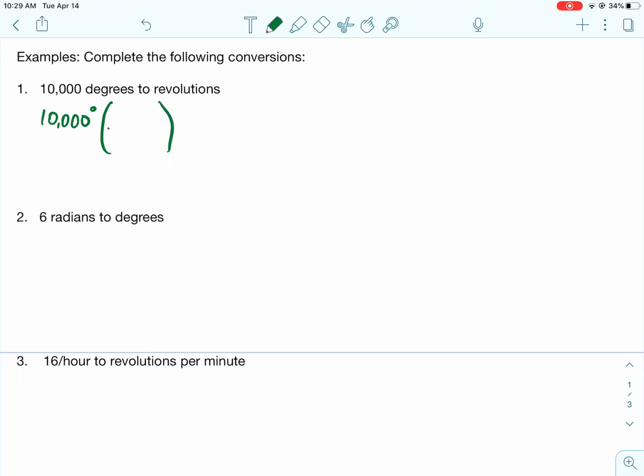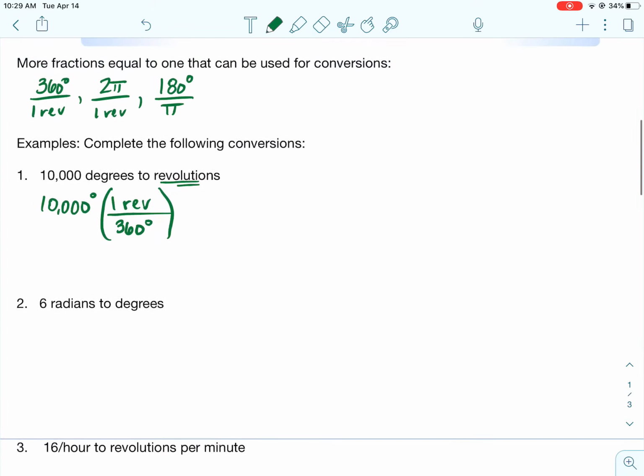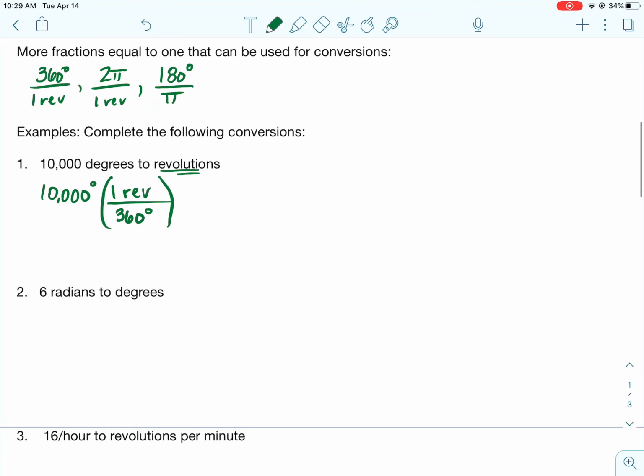All right, so let's do some conversions involving angles. So we have 10,000 degrees that we want to change to revolutions. So I would start off just by writing 10,000 degrees. Right, and then we want to cancel degrees, so we'll put degrees in the denominator, and then what we want, 1 revolution, in the numerator.